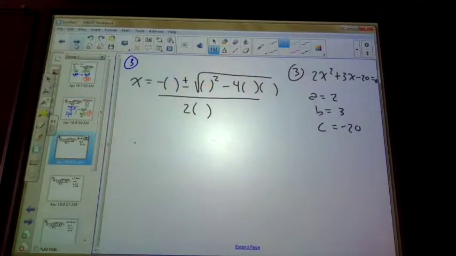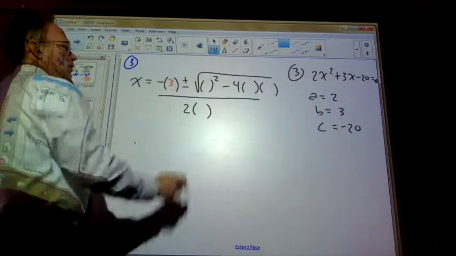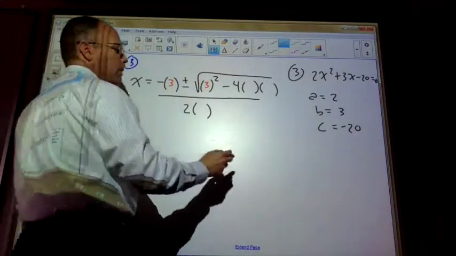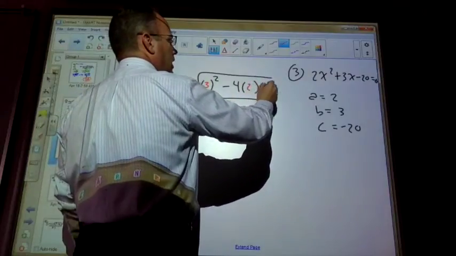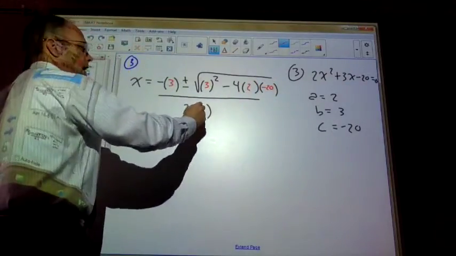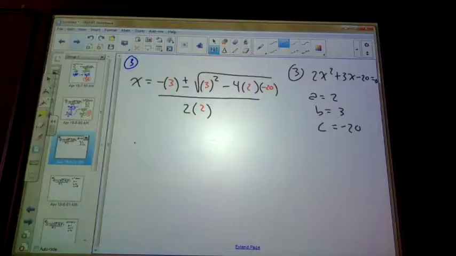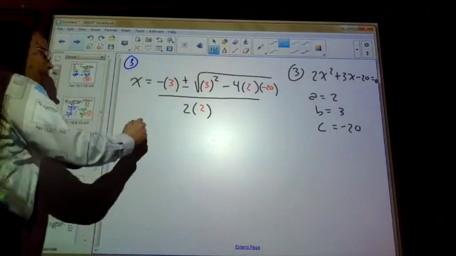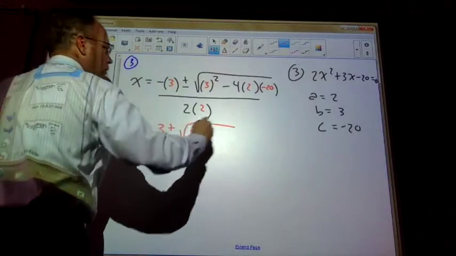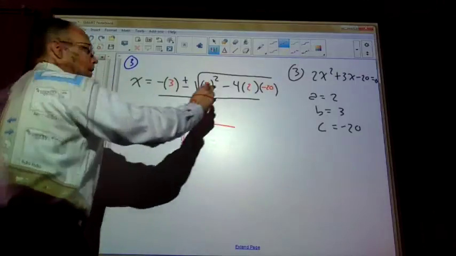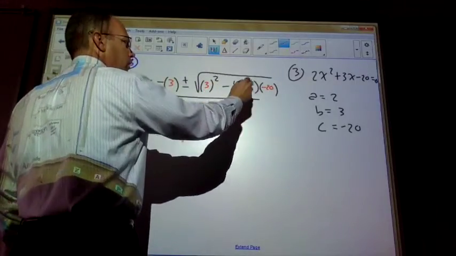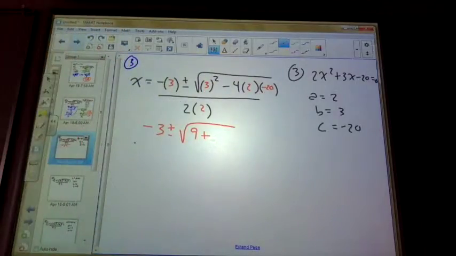All right, problem number 3. My A value is 2, my B value is 3, and my C value is negative 20. So x equals negative b plus or minus square root b squared minus 4ac all over 2a. That works that way. The negative 3 comes along to the right, plus or minus square root 9 plus 4 times 2 is 8.